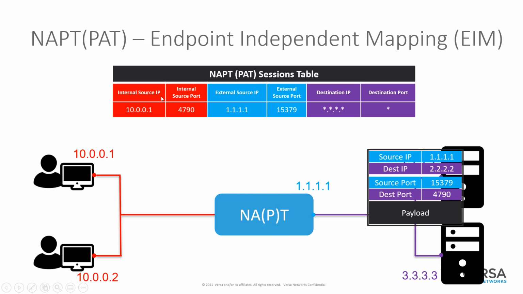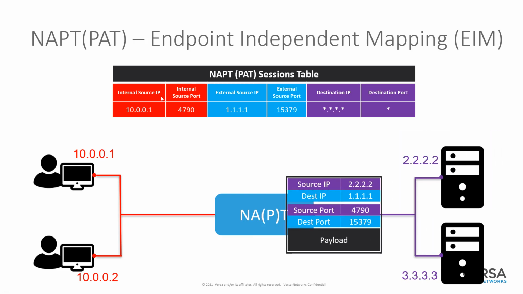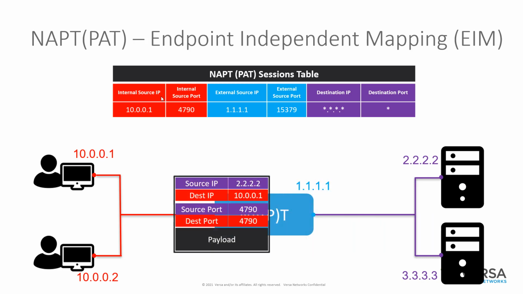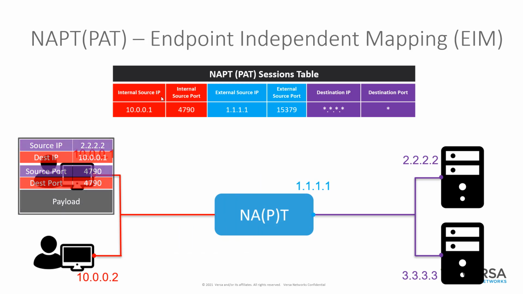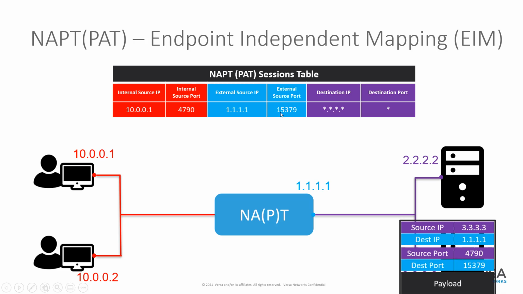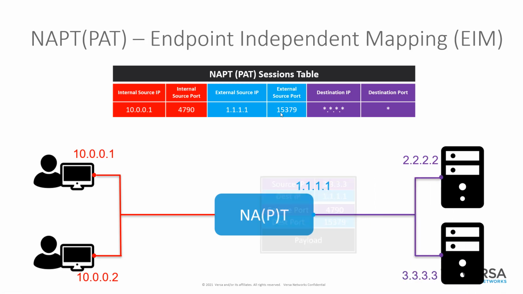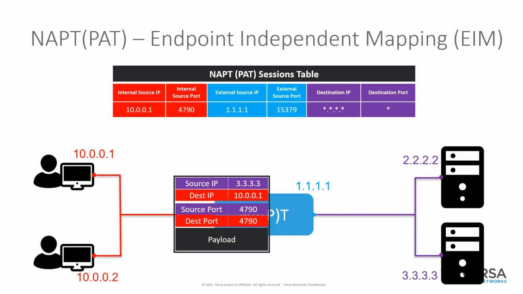What does this mean? This means that when the packet comes back from device 2222, it will be translated properly to device 10001. But also, if a device with which 10001 never communicated, in this case the device with IP address 3333, tries to establish a connection to the same port on this device, it will still be translated properly to the inside.